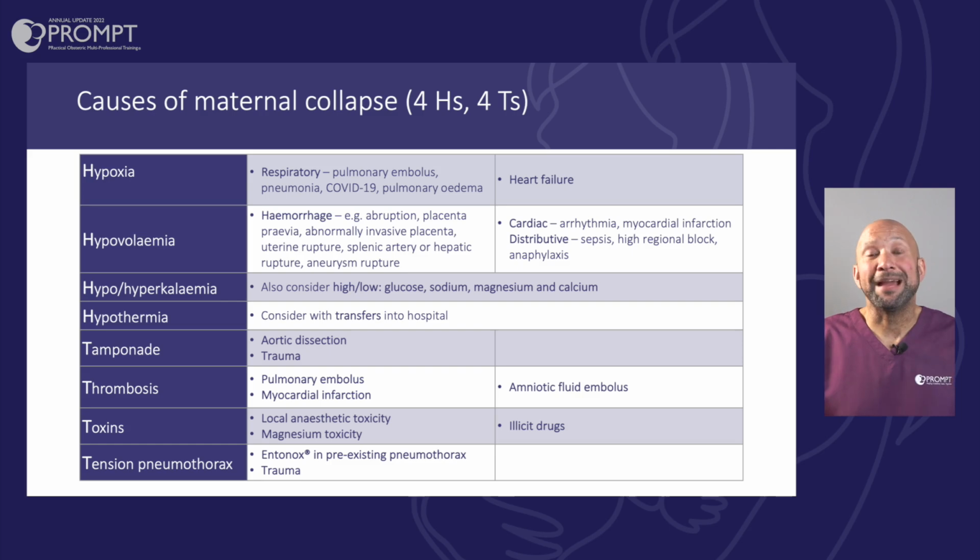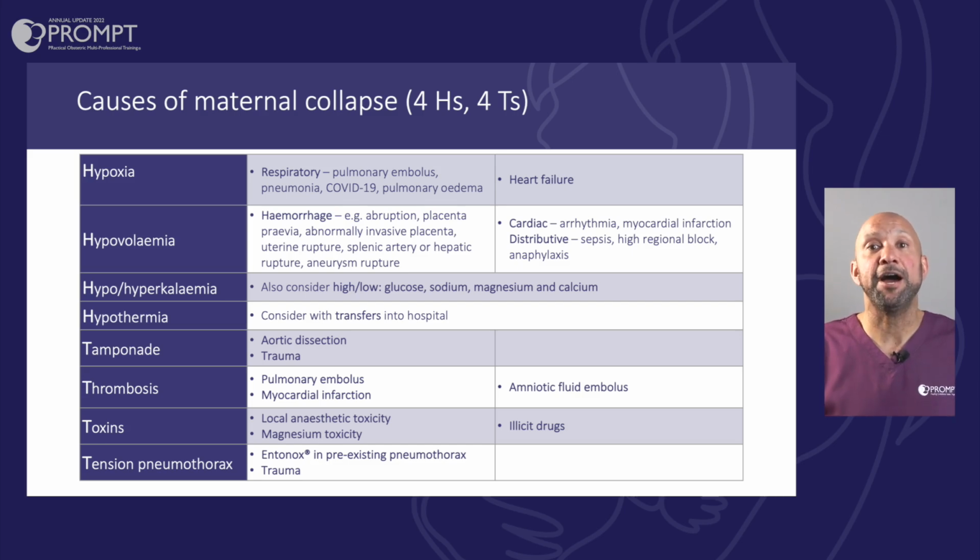Then thinking about our various causes of maternal collapse, using the 4 H's and 4 T's, which we often associate with cardiac arrest, can be quite useful. The 4 H's are hypoxia, hypovolemia, hypo- or hyperkalemia, but of course, as well as potassium, we should think about glucose, magnesium, calcium and sodium.